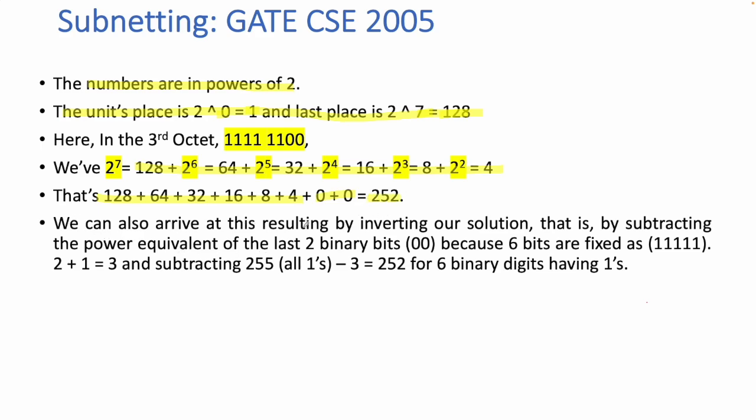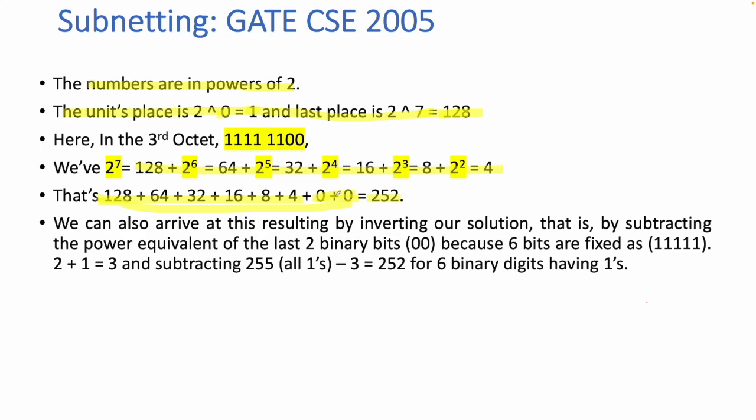We can also arrive at this result by inverting our solution, that is by subtracting the power equivalent of the last 2 binary bits, right? For example, we know that all ones are 255. If you add the binary to decimal equivalent of all ones, it's 255, but the last 2 bits are 0.